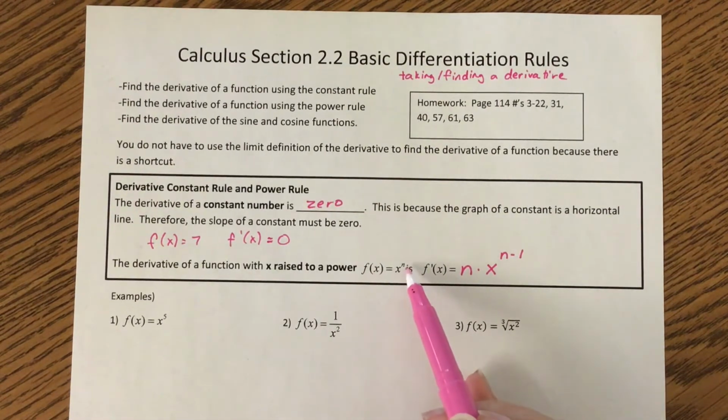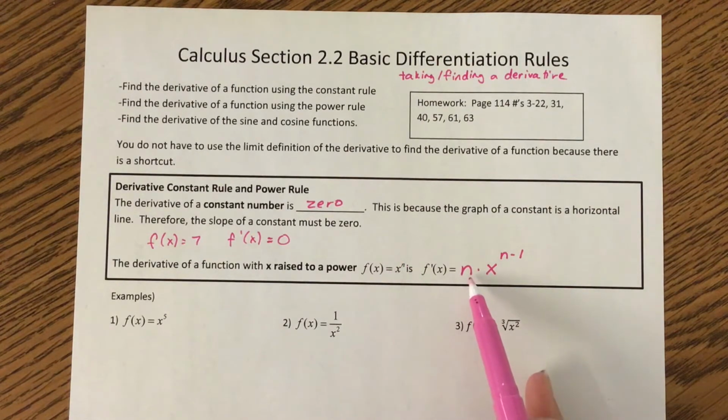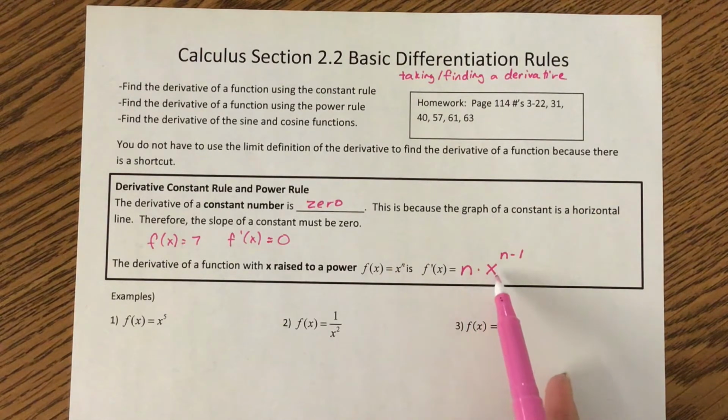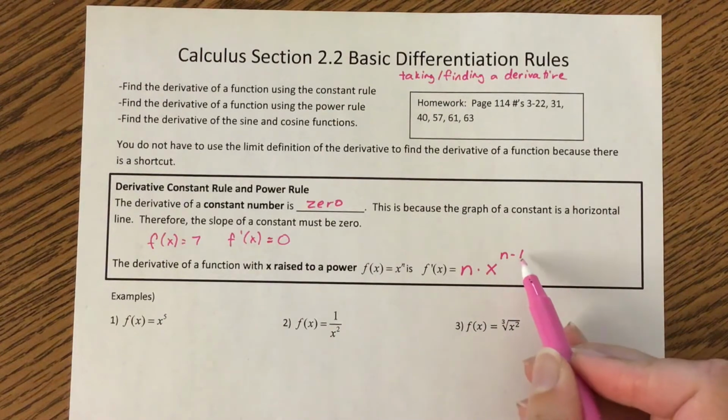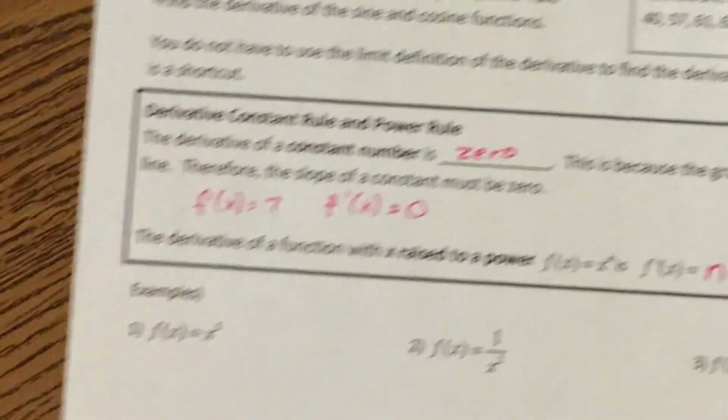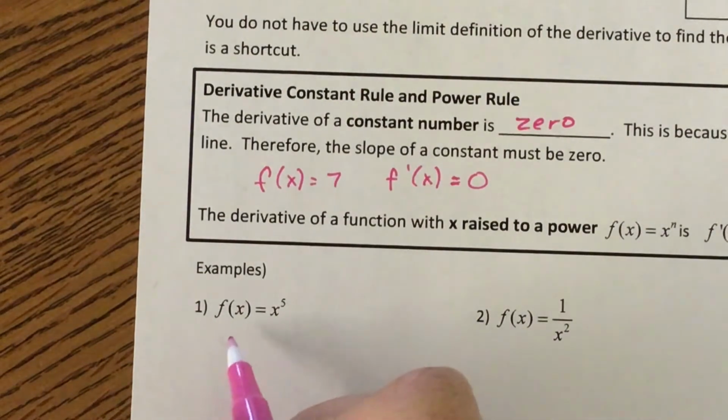What you do is you take whatever the exponent is and you multiply it times whatever the coefficient of x was. So you just bring it down in front and multiply. You keep the x, and then you take whatever your exponent was and just decrease it by 1. Subtract 1. Let's do some examples. Example 1 is f of x equals x to the 5th power.